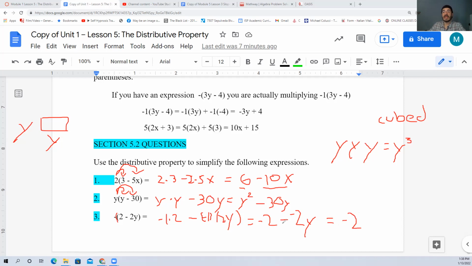If I'm going to think of subtraction as adding the opposite number, I'm going to change this to an addition sign, and I'm going to add the opposite of the number. If the number is -2y, the opposite of the number is +2y. I don't need to write a positive sign because we assume positive. And here's our answer.